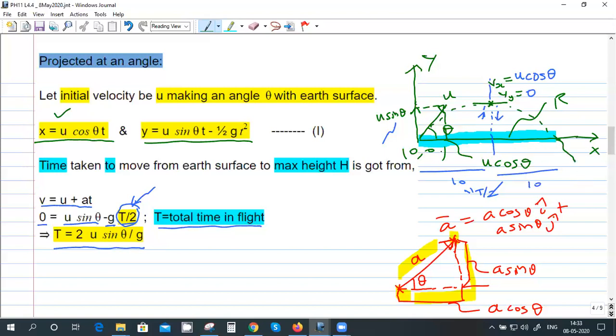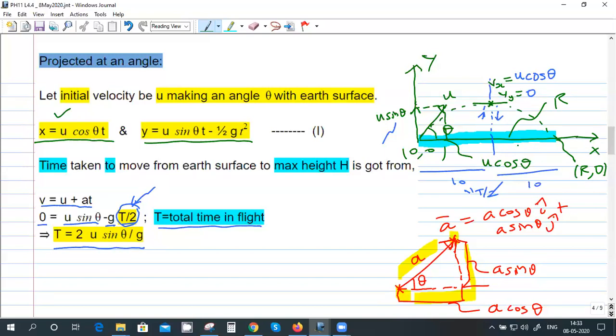At the origin x is 0. So what will be the value of x here? This distance is R, the range. So x will be R, and y is 0 because it is on the x-axis.